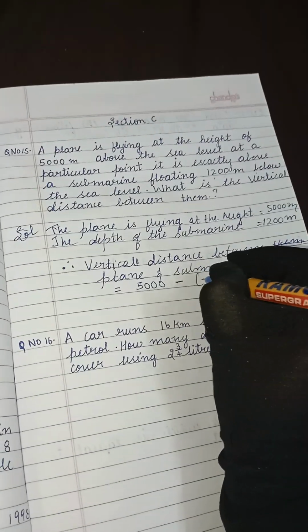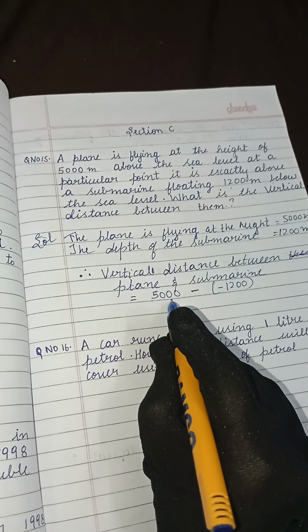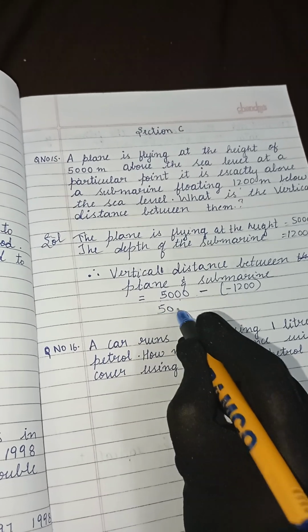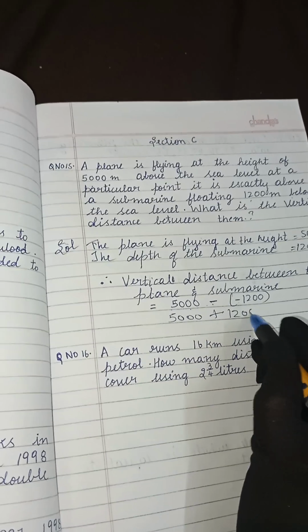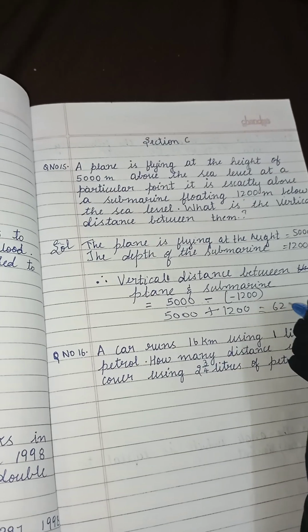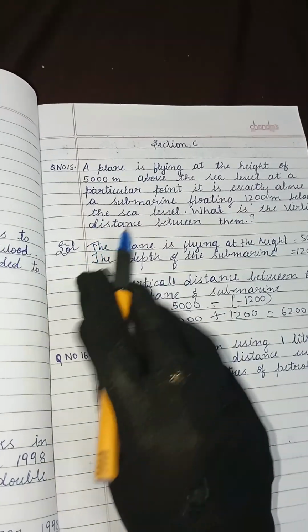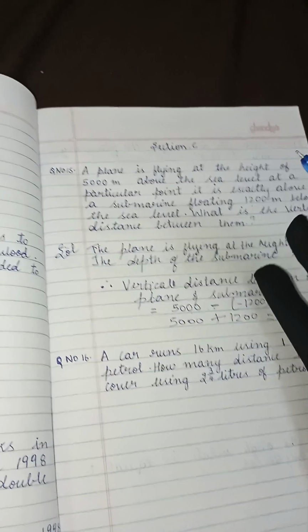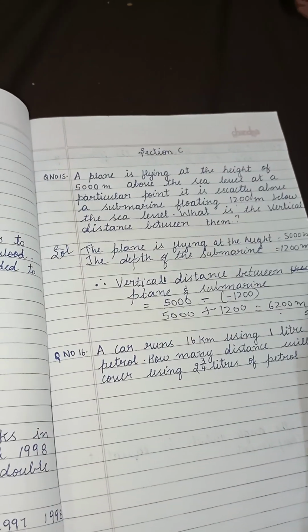So minus 1200 meter. So 5000 we copy as it is, minus into minus is plus. Plus 1200 gives you the answer 6200 meter as our final answer. See, we got the vertical distance between the plane and the submarine. The distance between the plane and the submarine is 6200 meter. So this is our answer.